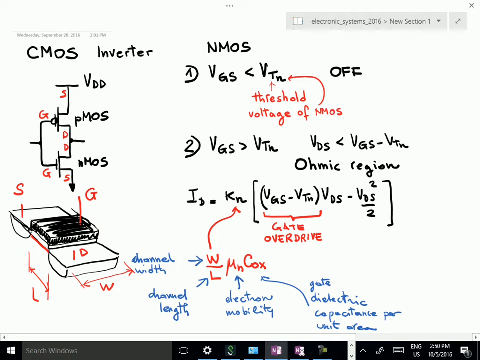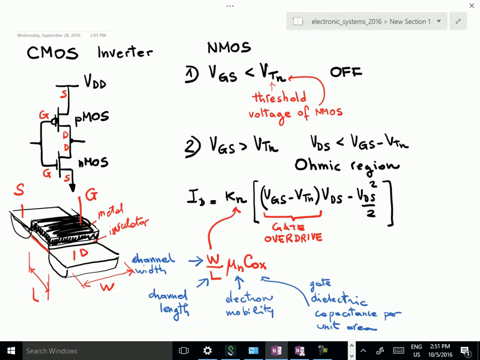You see, this is a capacitor. You basically have a metal, an insulator, and a semiconductor below. Between the metal and the semiconductor channel, you have a dielectric. So basically you have a parallel plate capacitor.